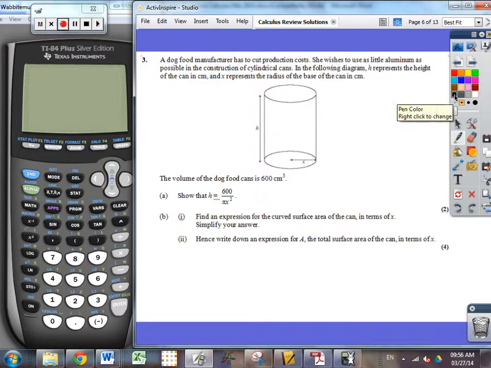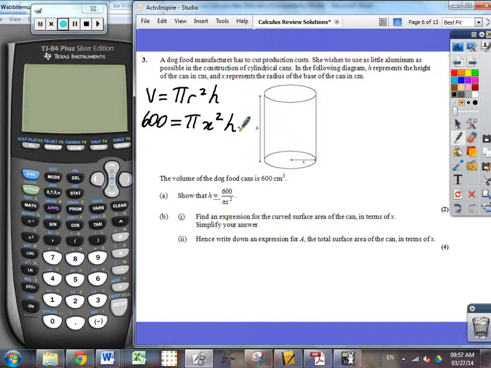Because there's a 600 in this relationship I need to show, presumably we need to do something with the given volume of 600. Now in the formula package it tells me that the volume of a cylinder is pi r squared h. So our volume is 600. Our radius has been given as an x, and our height has been given as h.